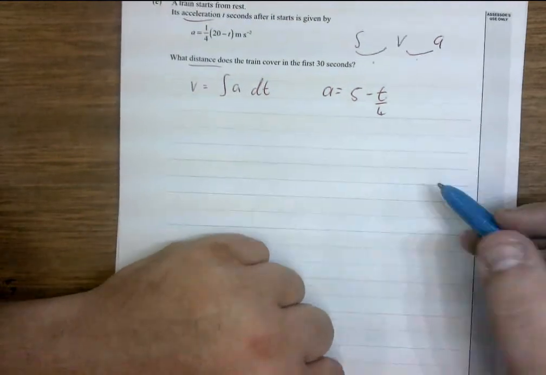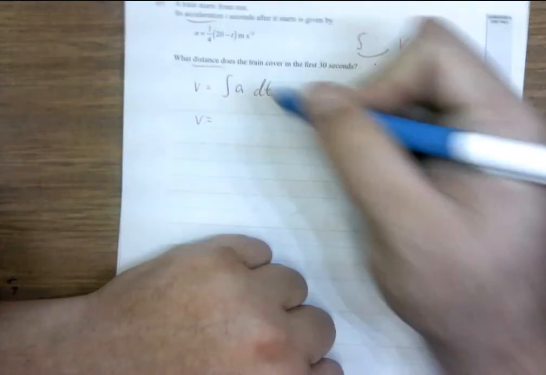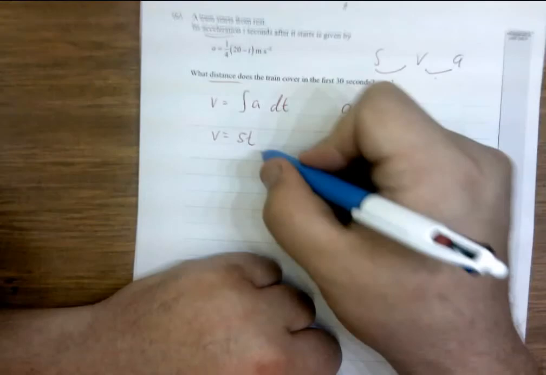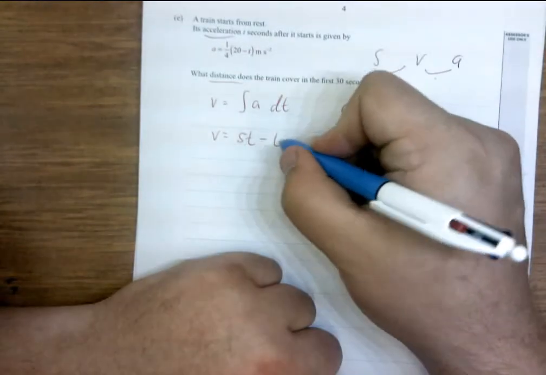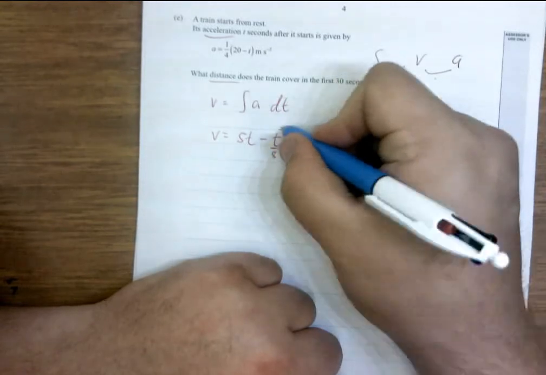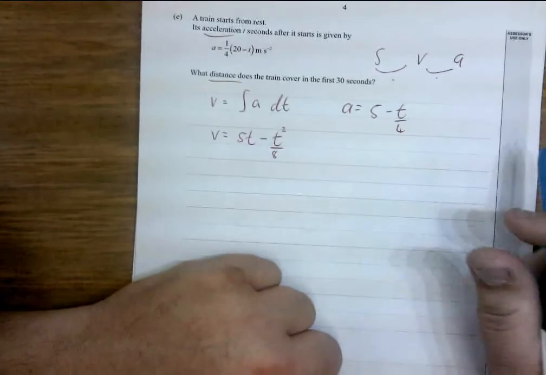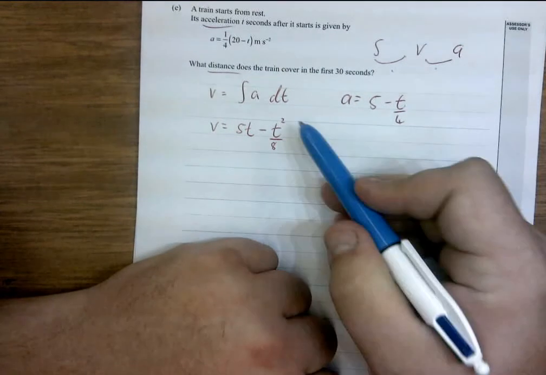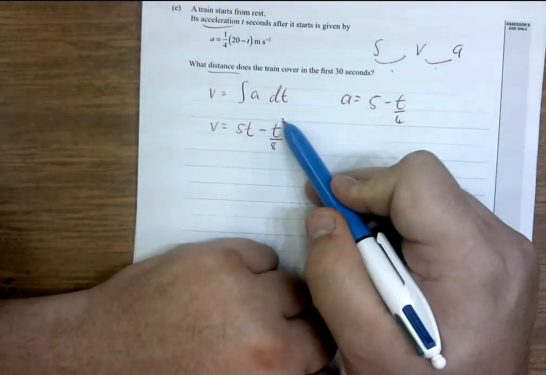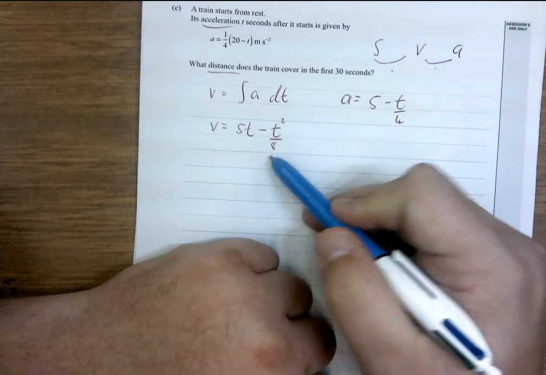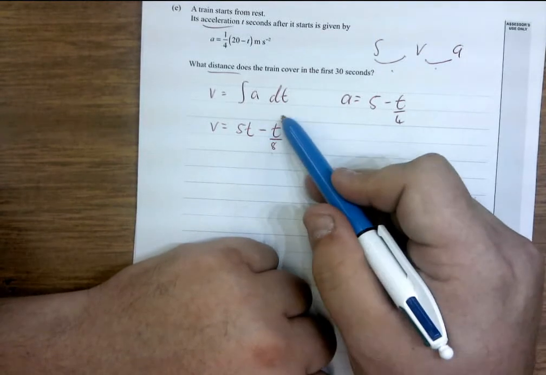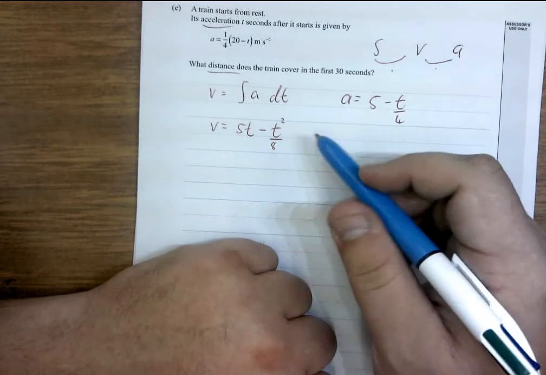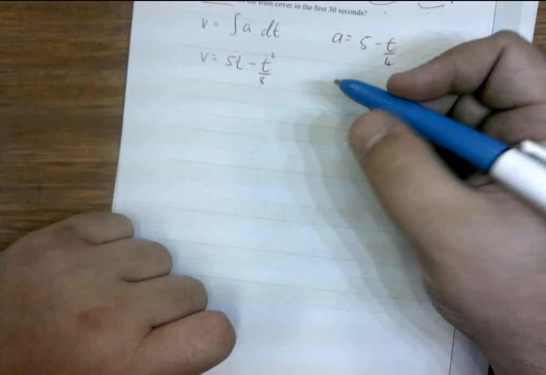Now if I integrate, velocity is going to be equal to 5t minus t squared over 8. The power goes up by 1 to 2, we divide by the new power. So t squared over 4 divided by 2 is t squared over 8, plus c.